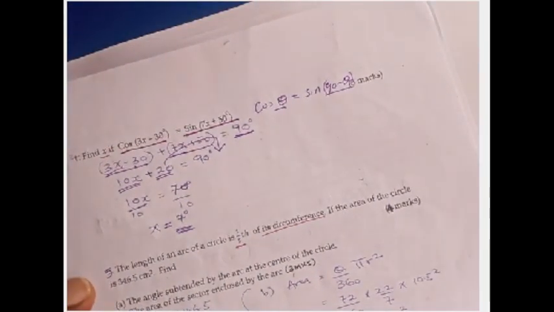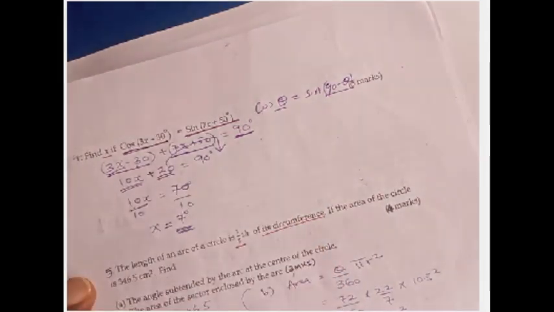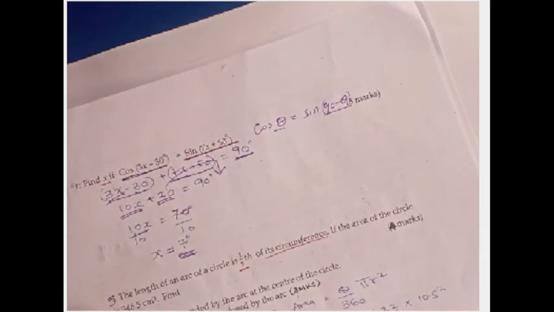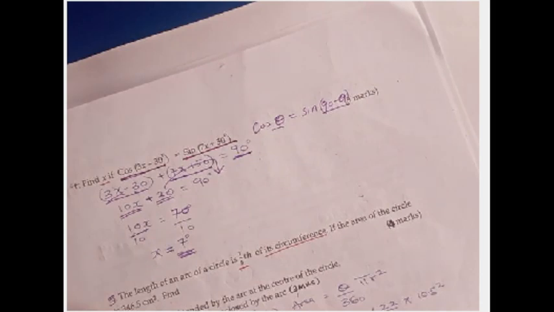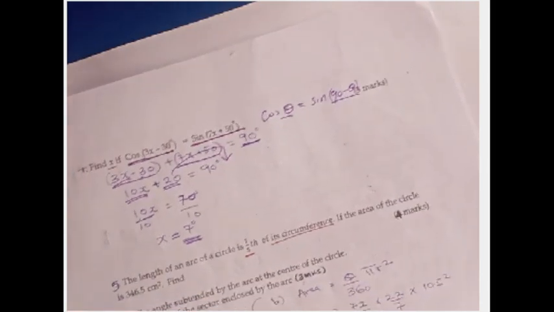Question 4 says, find x if the cosine of 3x minus 30 is equal to sine 7x plus 50.